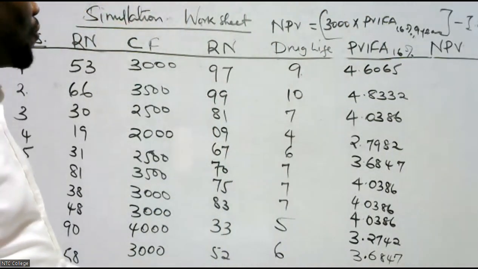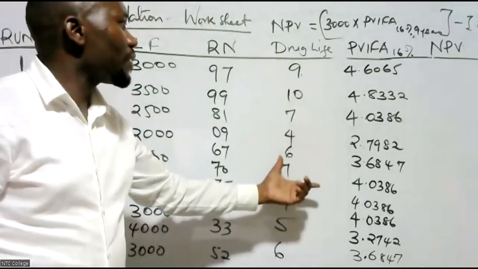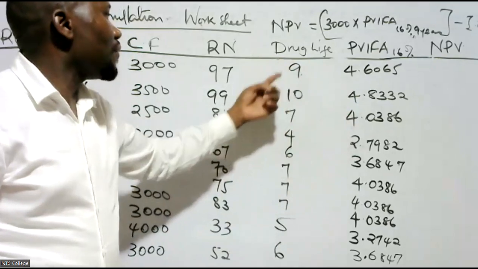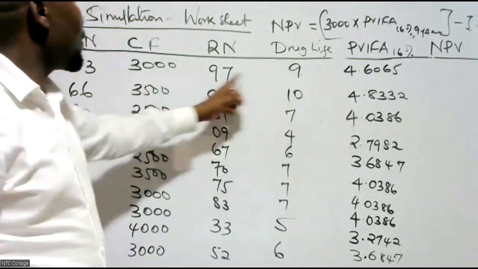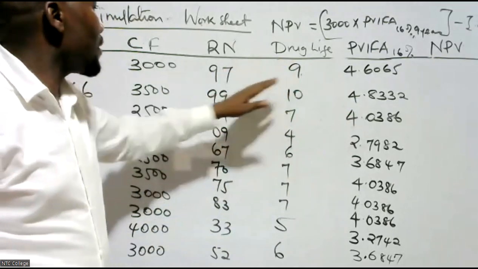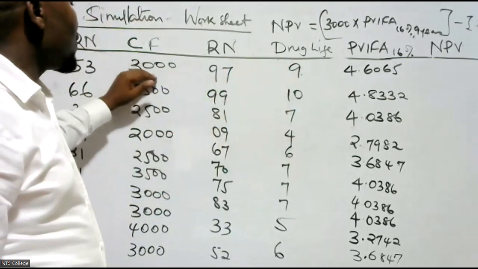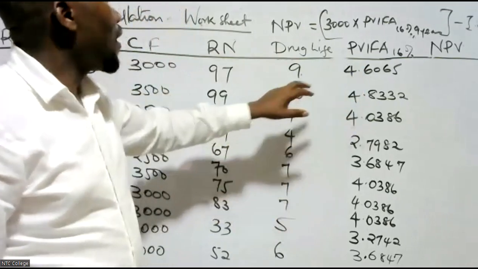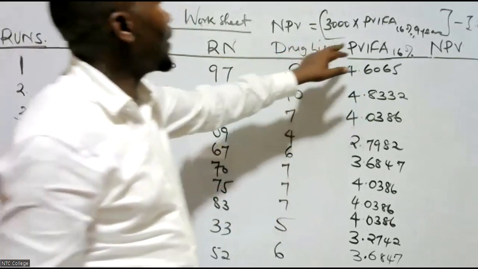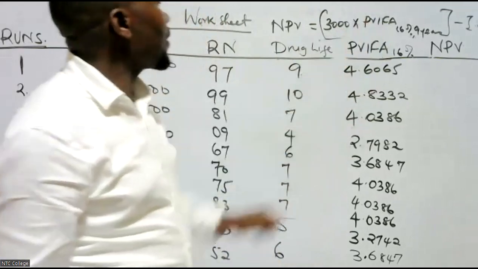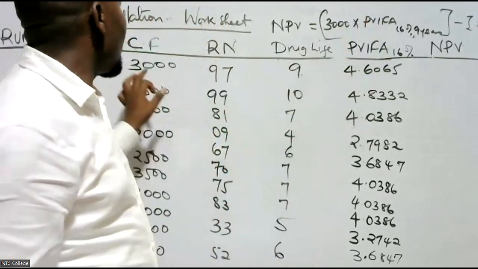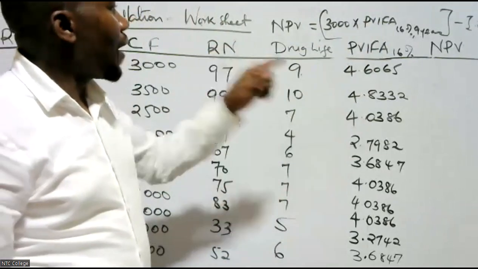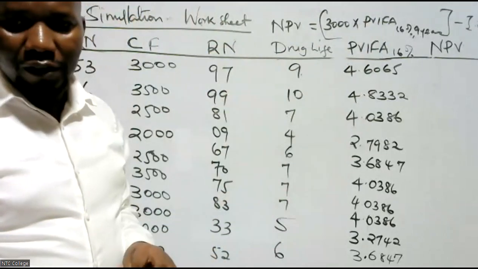Now NPV. Basically this drug life was to help us get the PV, because it shows that it's annual, every year. This one is 9 years, and every year is 3,000. So it has assisted us to get our PV. Now we can get our NPV by calculating PV times 3,000, which is the cash flow, minus I0. I0 was 13 million.